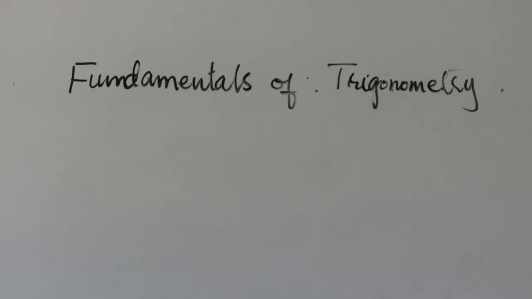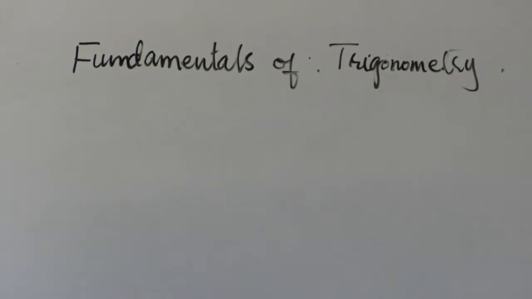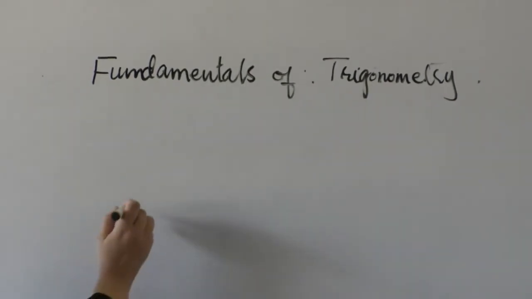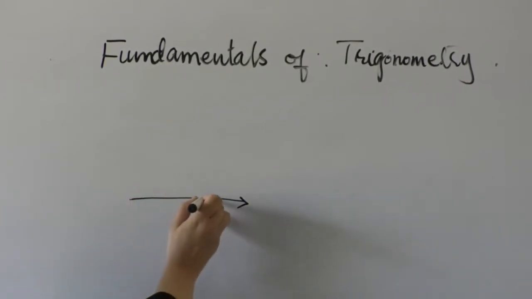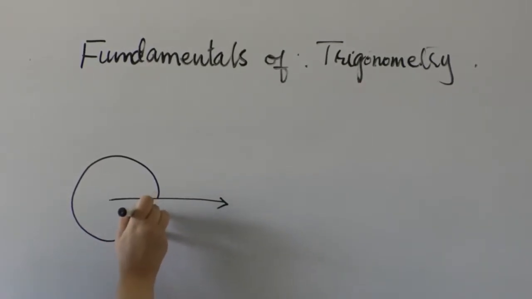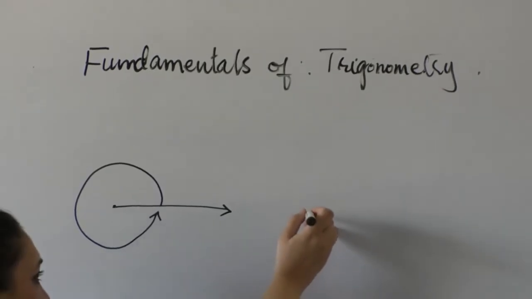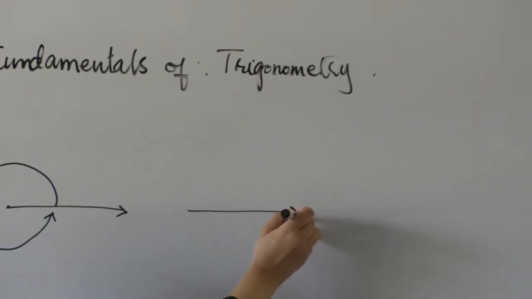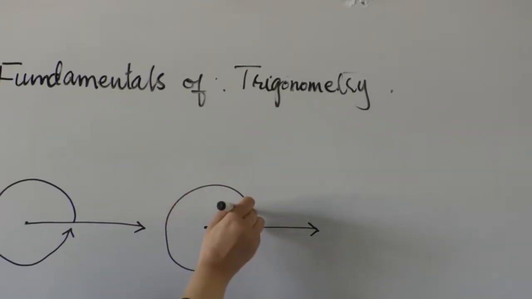So very first is the concept of an angle. Yes girls, we have two formations. First one is when it is anti-clockwise. And the second one is when we have a clockwise direction.